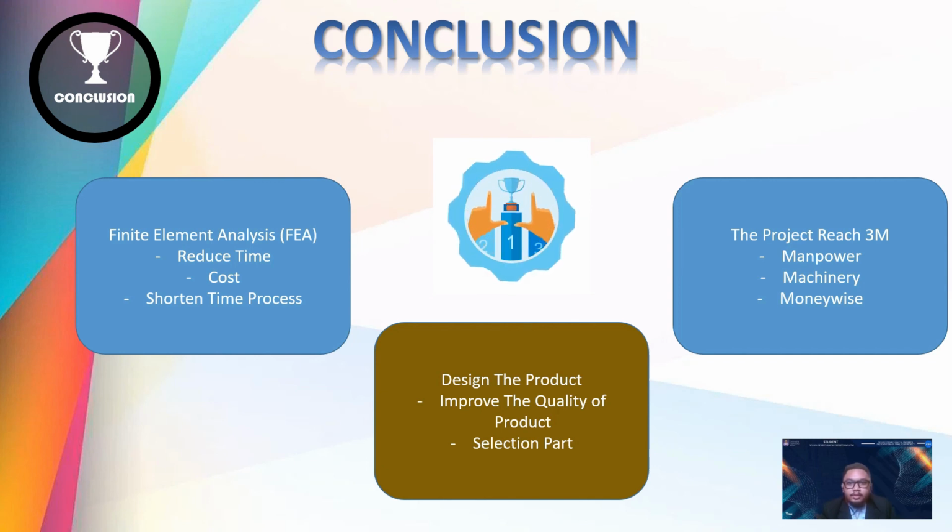Besides that, using different types of materials has its own advantages and disadvantages for the product. From FEA, finite element analysis can reduce the time and cost and shorten the process of this product research.